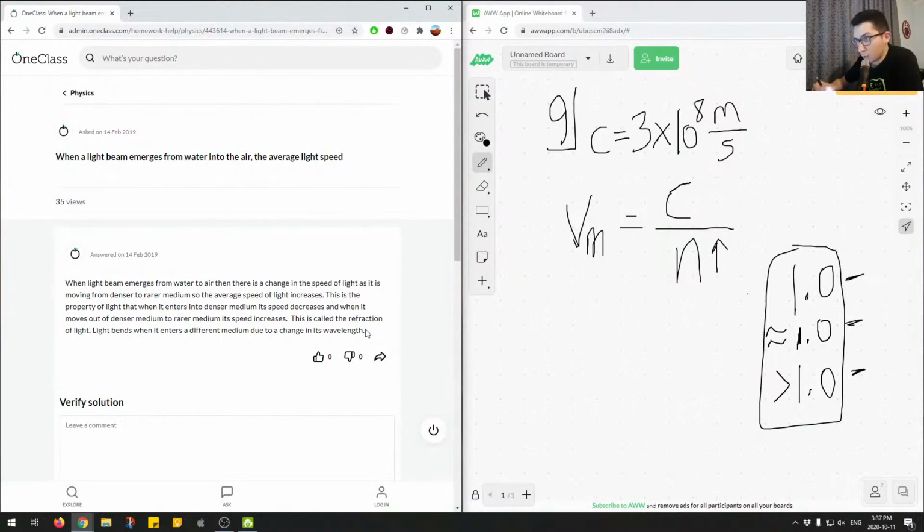It is inversely proportional to the velocity of light in the medium. So Vm will decrease because n has increased, and n is in the denominator, so increasing the denominator will decrease this entire value, and we'll end up with a lower Vm.